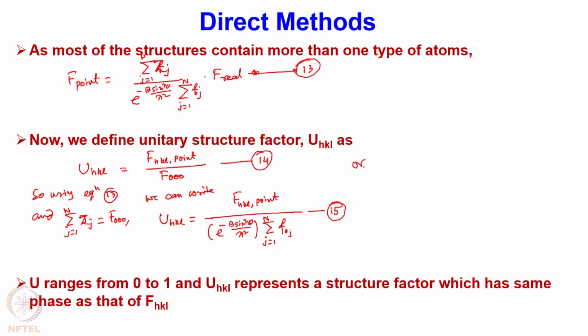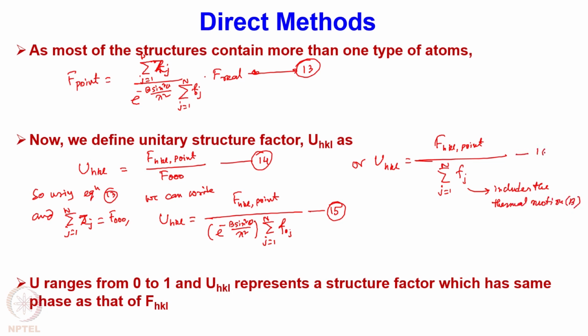Or we can further simplify and write UHKL is equal to FHKL point divided by sum over j equal to 1 to n Fj, where this Fj includes the thermal motion, that is B. So we write this equation as 16.